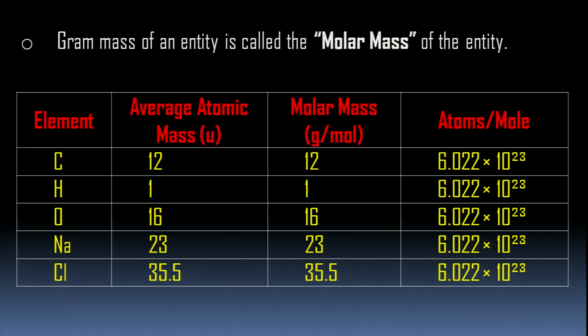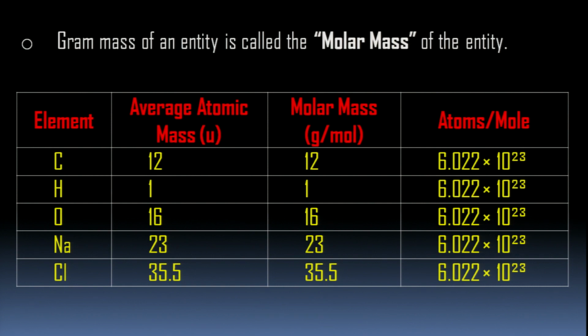And 1 mole of hydrogen contains 6.022 into 10 to the power 23 number of hydrogen atoms. Don't forget. Similarly, 16 grams of oxygen contains 6.022 into 10 to the power 23 number of oxygen atoms. That is 1 mole of oxygen.